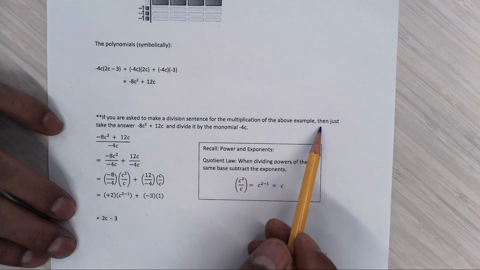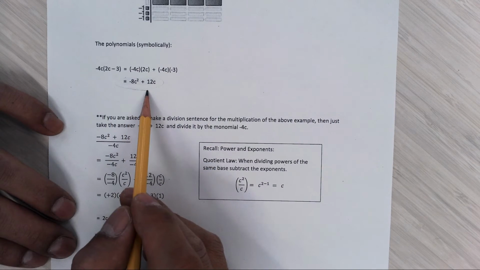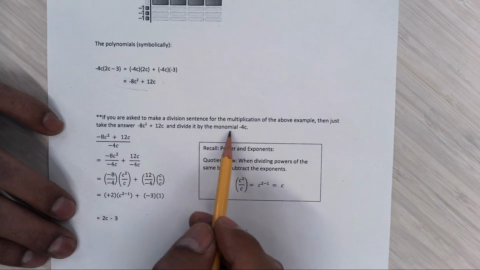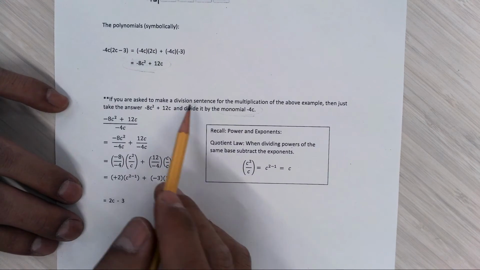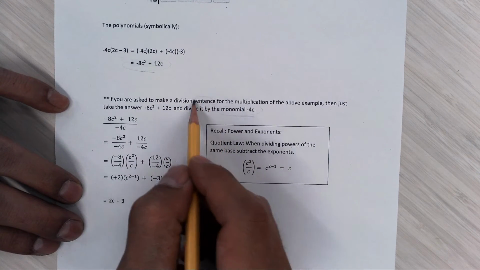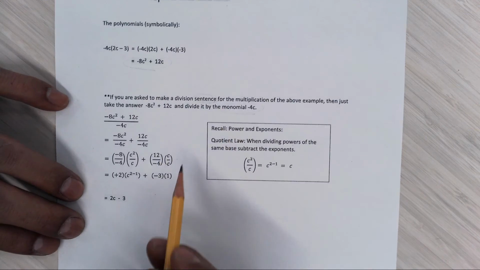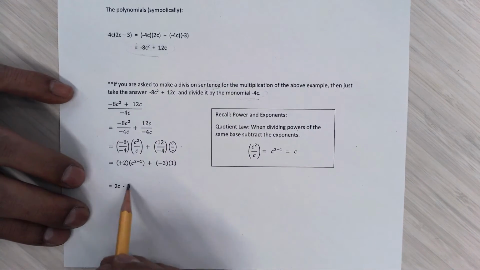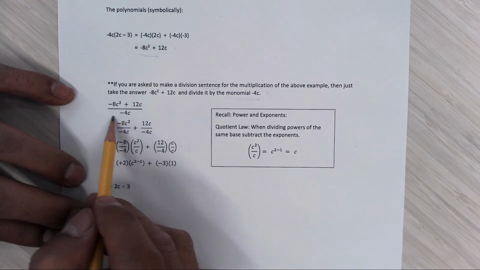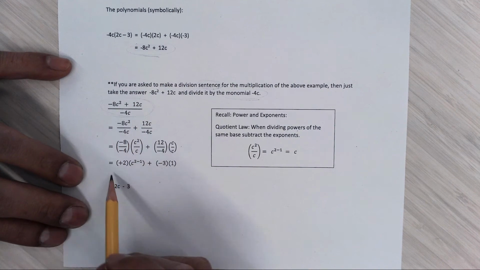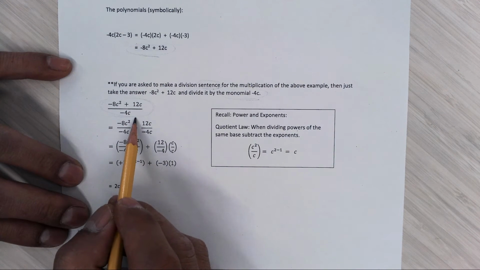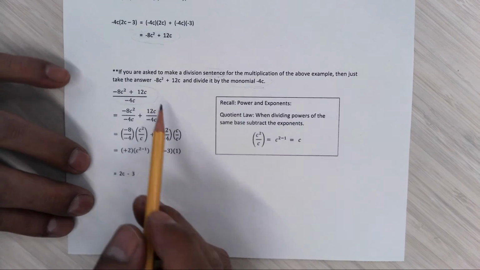All you have to do is take the answer and divide that by the monomial that we used, because this is dividing polynomials by a monomial. And as far as a division or multiplication sentence, grade 9s, we really do need an answer. You can't just say this by itself is a division sentence. It needs an answer. So there's your answer. This is a complete division sentence right here.